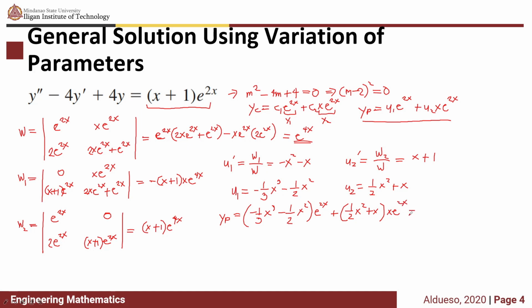Evaluating this equation, we have 1/6 x cubed e to the 2x plus 1/2 x squared e to the 2x.